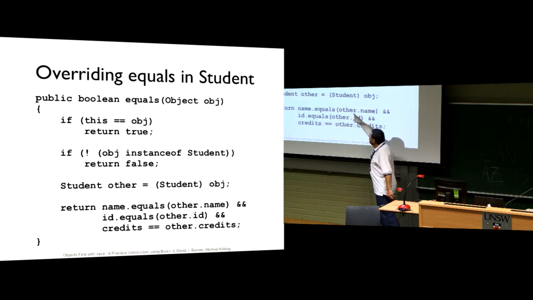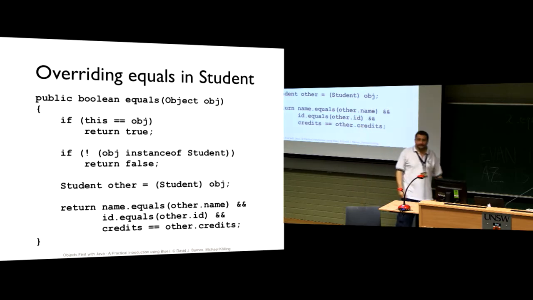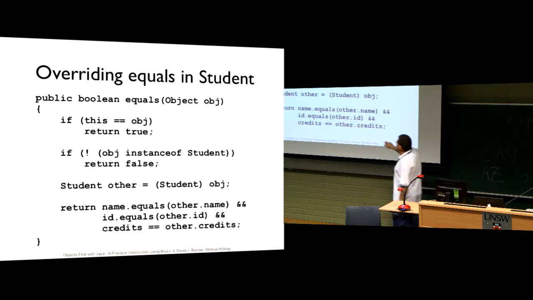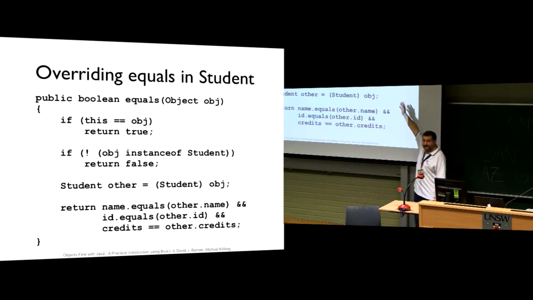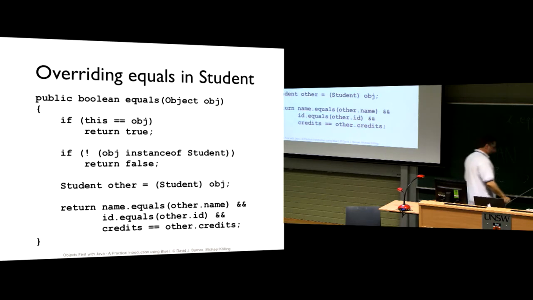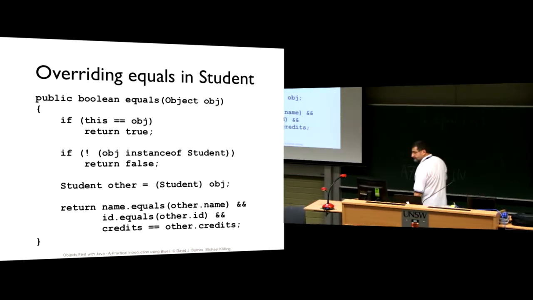Now, name and ID and credits are fields that belong to the Student class. So we can't just say obj.name because obj can be anything. It's not a student, it can be anything. So either we have to do this. Wait a minute. Do we have an eraser?